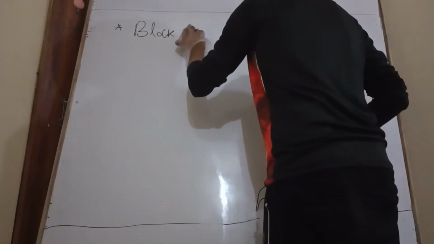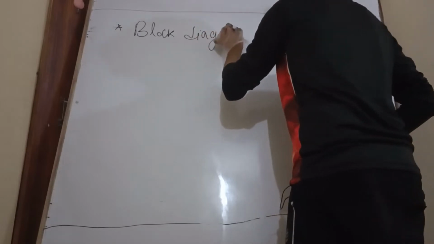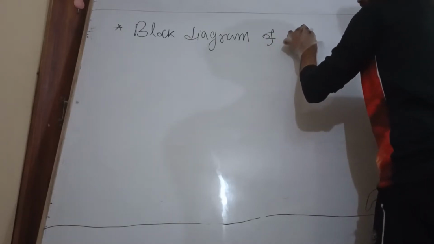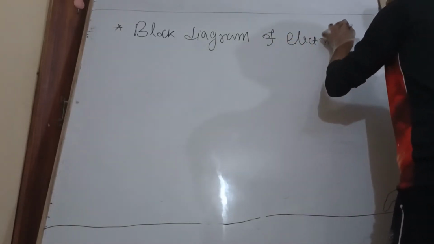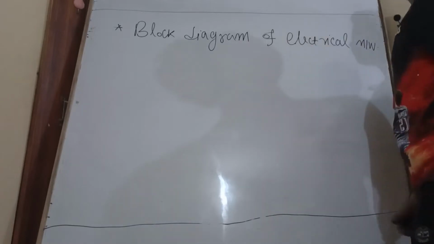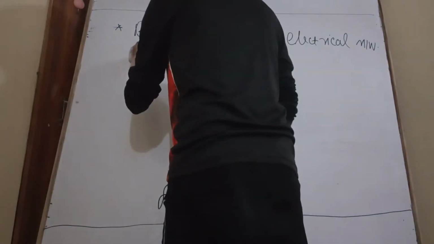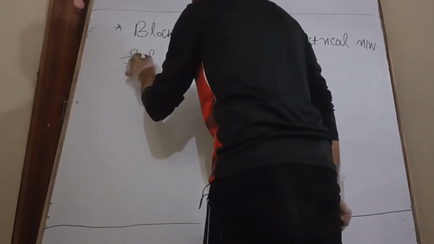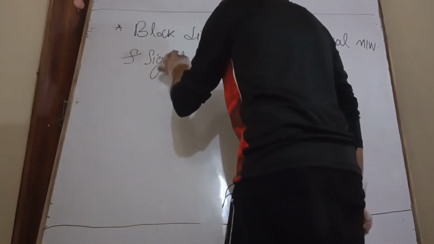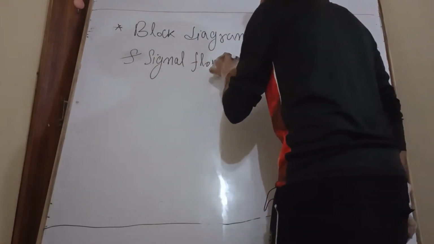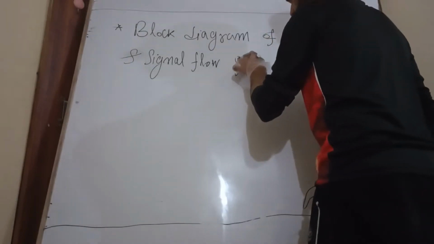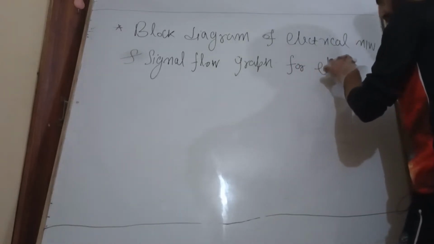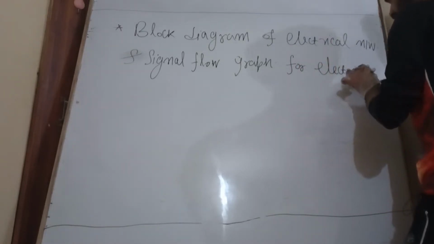The block diagram of an electrical network and signal flow graph for an electrical network.